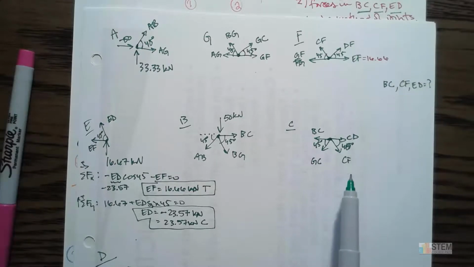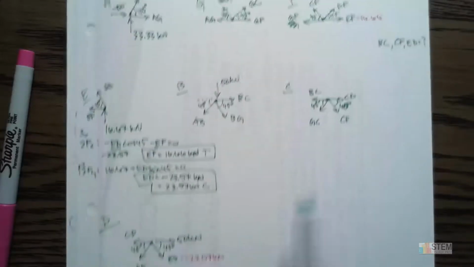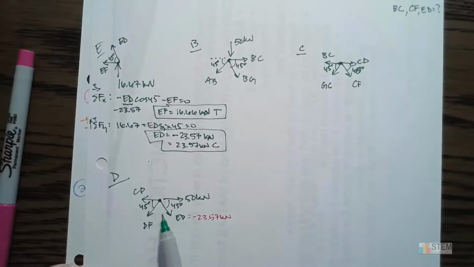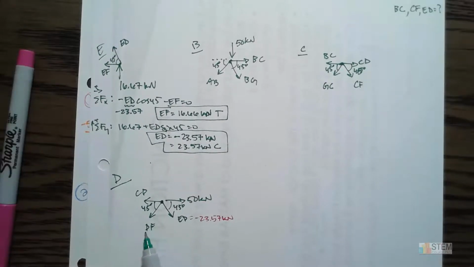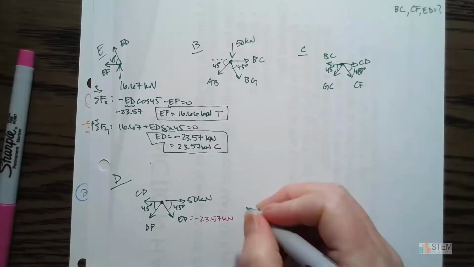So I need to find another diagram that has 2 unknowns. So let's look at D down here, right? Because now it has 2 unknowns. CD is one of them, and CD is up here also. So let's go to this one next.